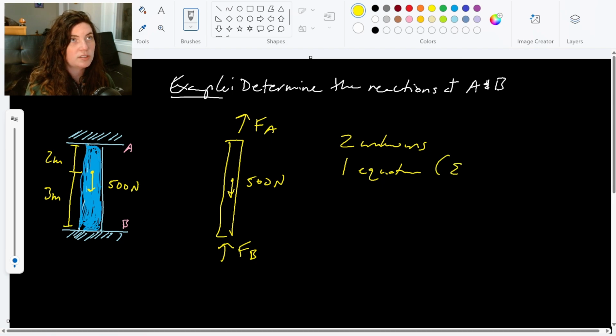which is our sum of forces in the y direction. Again, we can't use a moment here, and we can't use our sum of forces in the x direction. So the only equation we have left from our statics knowledge is sum of forces in the y direction. So that makes this statically indeterminate to the first degree.